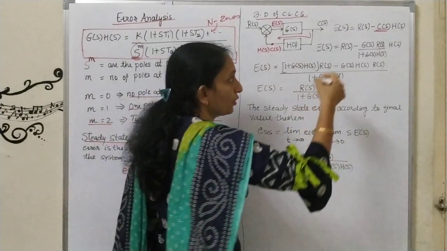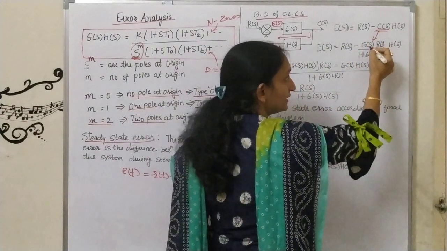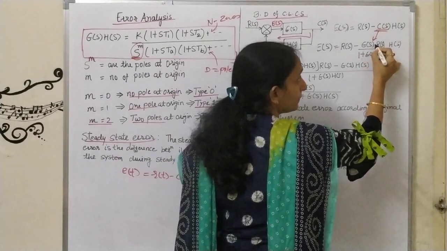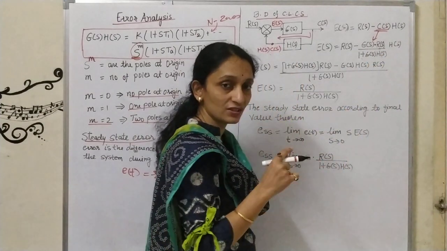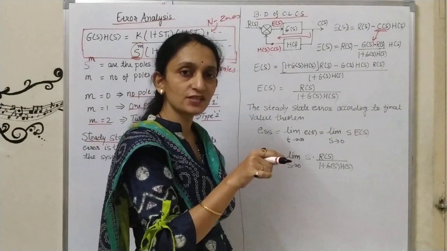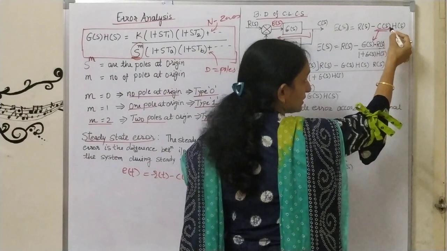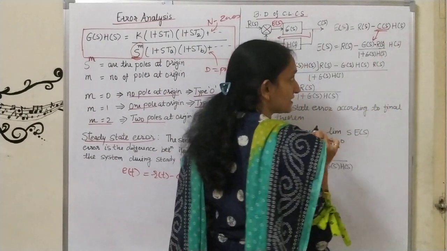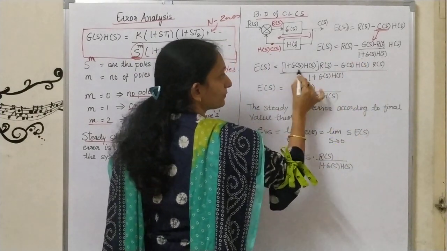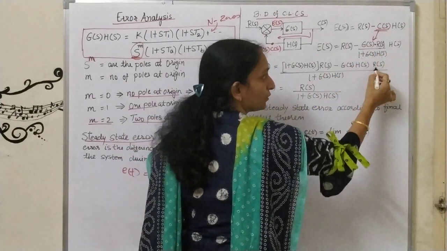Here I am replacing this C(s) with the standard transfer function, G(s) upon 1 plus G(s) H(s), multiplied by R(s). H(s) is as it is. Now cross multiplying, 1 plus G(s) H(s) into R(s) minus G(s) R(s) into H(s).